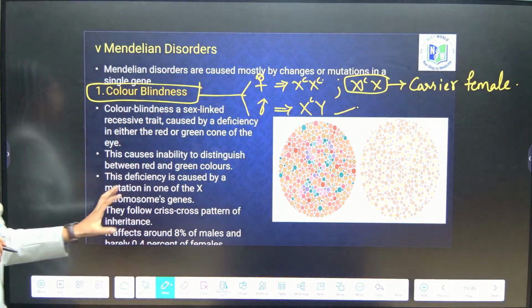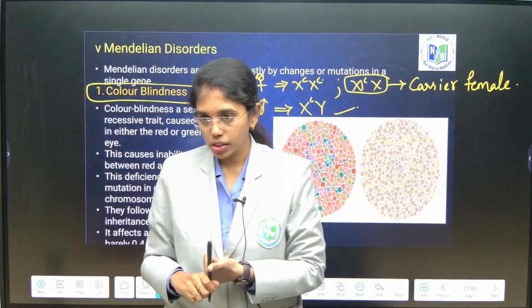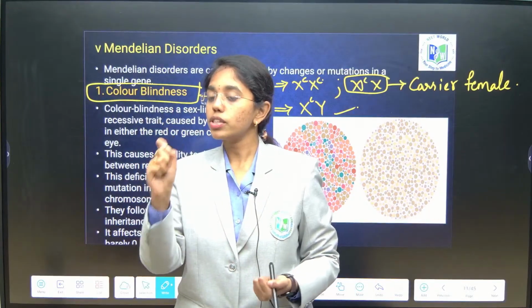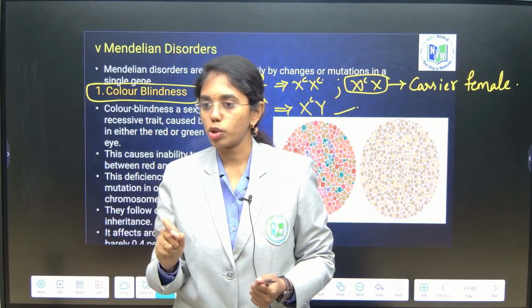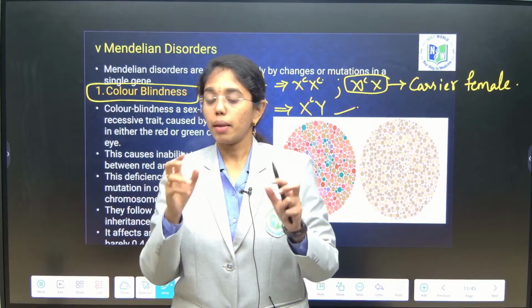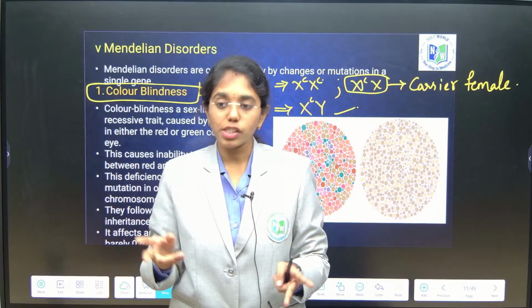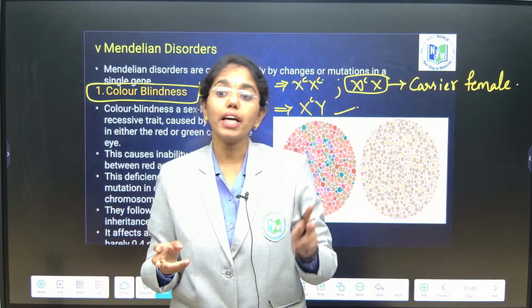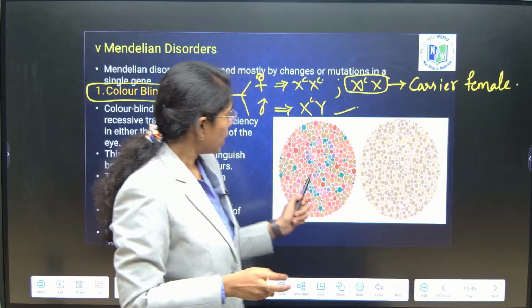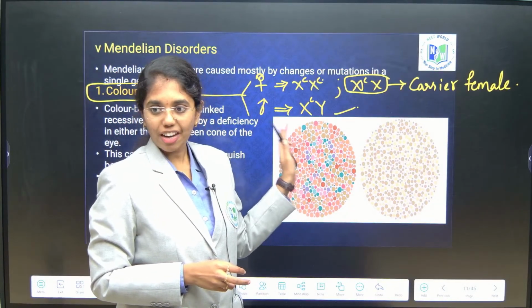Now you see, what is color blind disease actually? This is X-linked recessive, as I told you. There is a mutation in one gene on the X chromosome which shows its effect on the cones of the eye, where the affected person will not be able to distinguish between red and green colors. For example, this is the normal vision of someone who does not have color blindness.